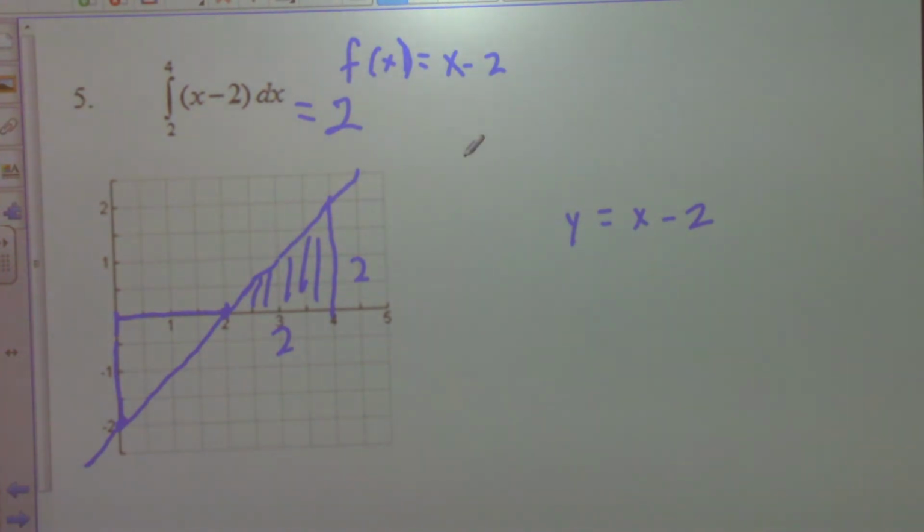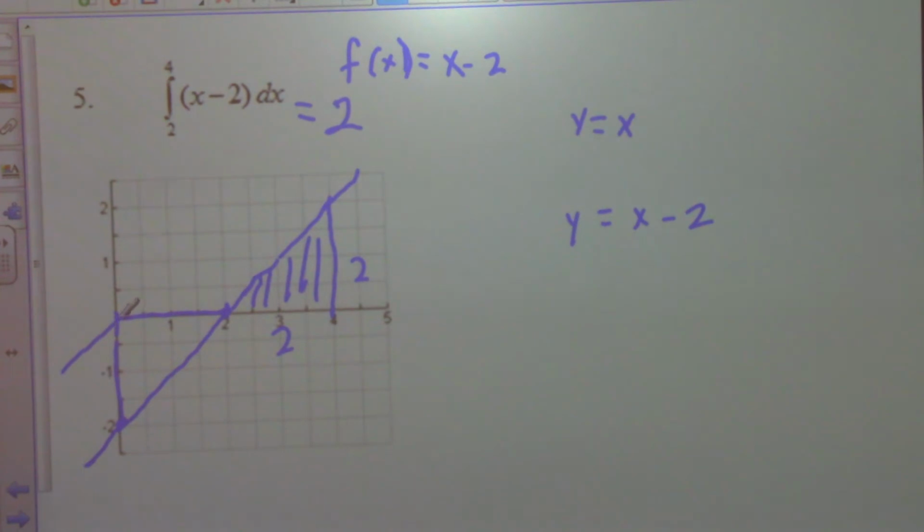Right. So basically, the reason it drops like that is because you have the graph of x, and then that's basically just dropped by 2. That is exactly right. Because the parent function is y equals x, and this is simply a vertical translation downward of that function 2 units.